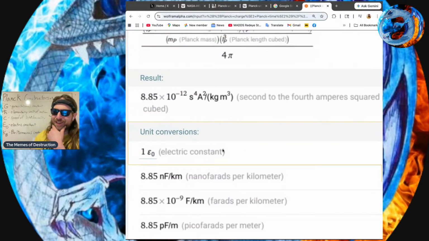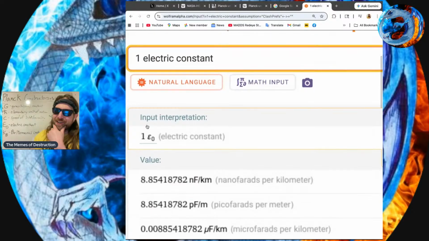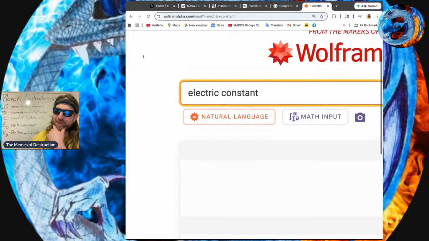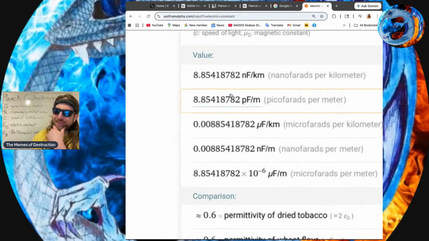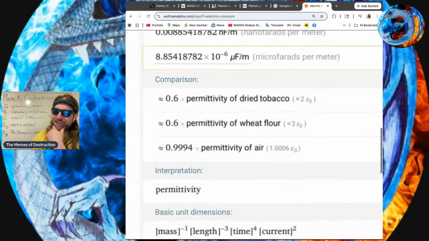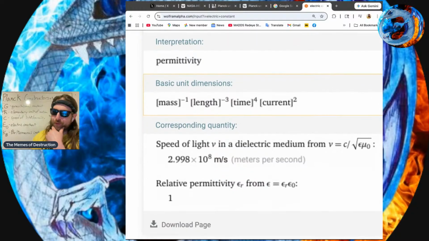Okay, one electric constant. Well, let me double check. Because there are 4 pi factors, and because it's a volume term, we're defining it basically as what it would be for a point, I believe.